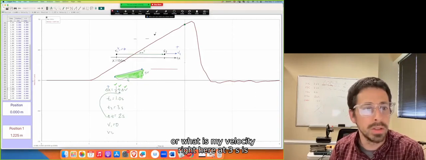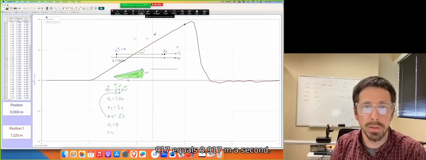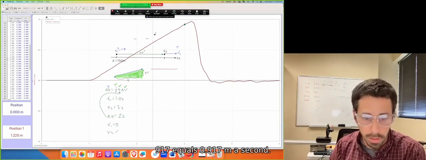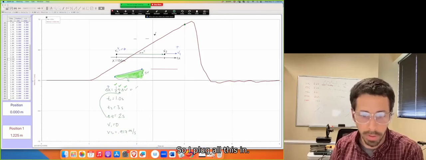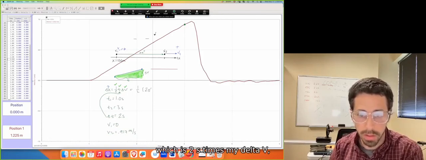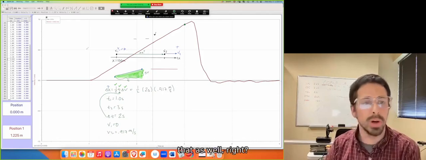That is 0.917 meters per second. All right, so I plug all this in. I get 1/2 times t, which is 2 seconds, times my delta v, which is 0.917 meters per second.